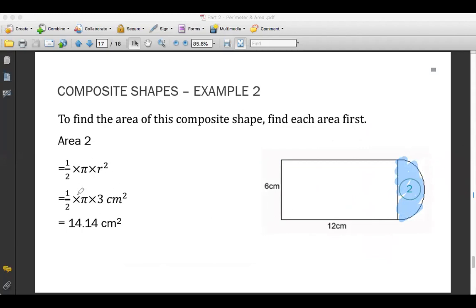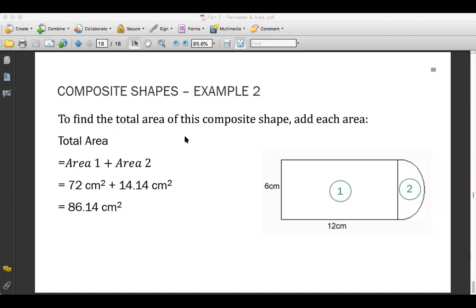So you put in your calculator 1/2 times pi times 3 squared, and you will get 14.14 cm squared.